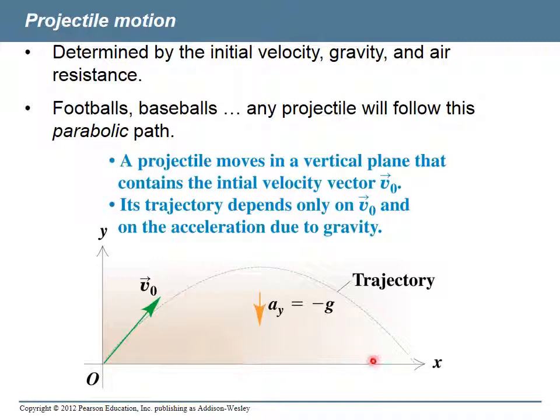As long as it's going to land at the same height it was launched from, the details of this side are almost identical to the details of this side, except it'll have a positive y component velocity here, and a negative y component velocity here, but their magnitudes will be the same. So everything is duplicated on one side as it is on the other.